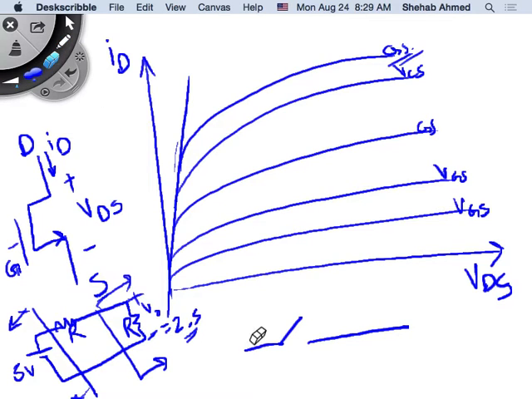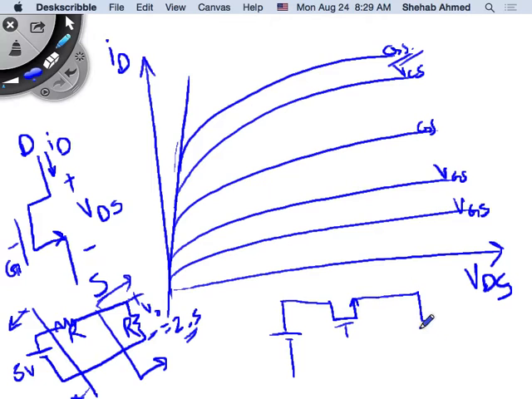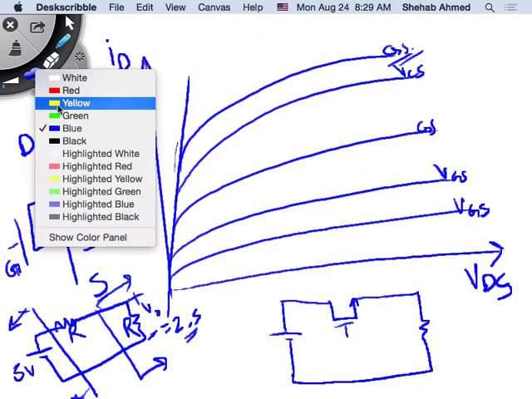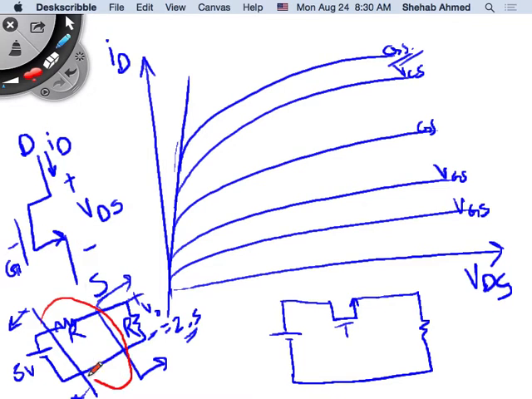You have the voltage source coming in from the D, and then you would have to have some sort of source of power coming into your gate. Exactly. That describes how much gain you have. Exactly. So I can replace this section here with this MOSFET.